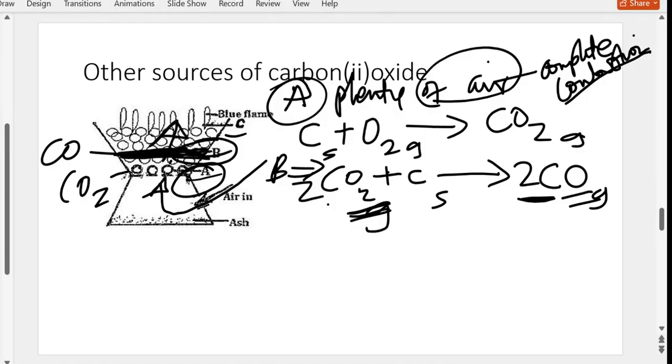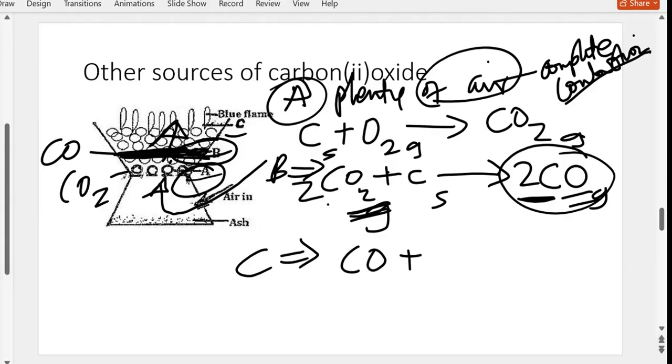And at region C, there is enough oxygen. Therefore, this CO produced in region B burns at region C to form CO2. So we have now CO plus oxygen.